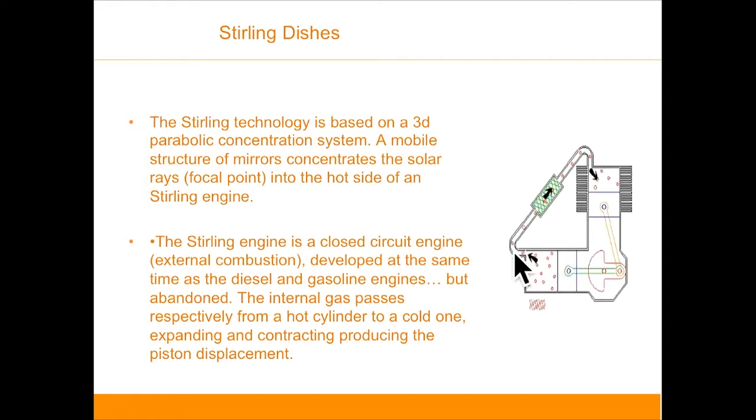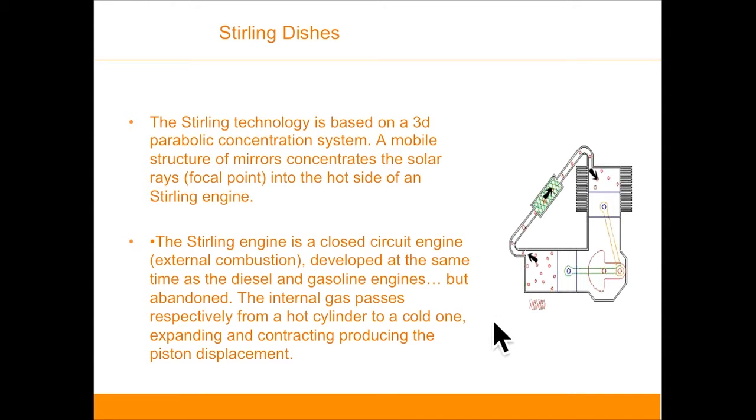From there, the gas moves to the other cylinder, where it is cooled and contracts, producing a lower pressure in the system. And this variation of pressure from very high to very low is what forces the flywheel to rotate. So it's a very strange configuration.